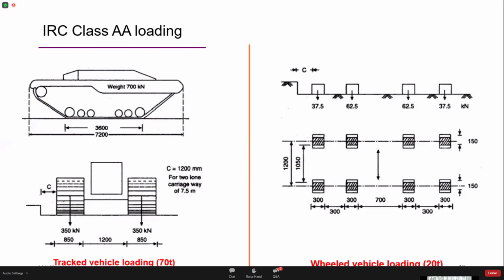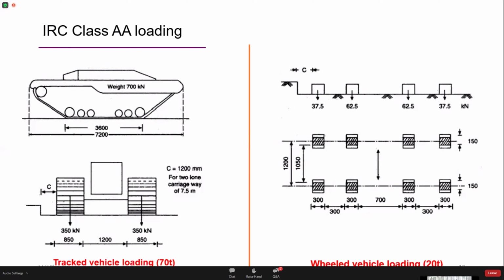The other difference we see is the width of the track. In the earlier case, the width of the track was 840 mm. Sorry for the disturbance.